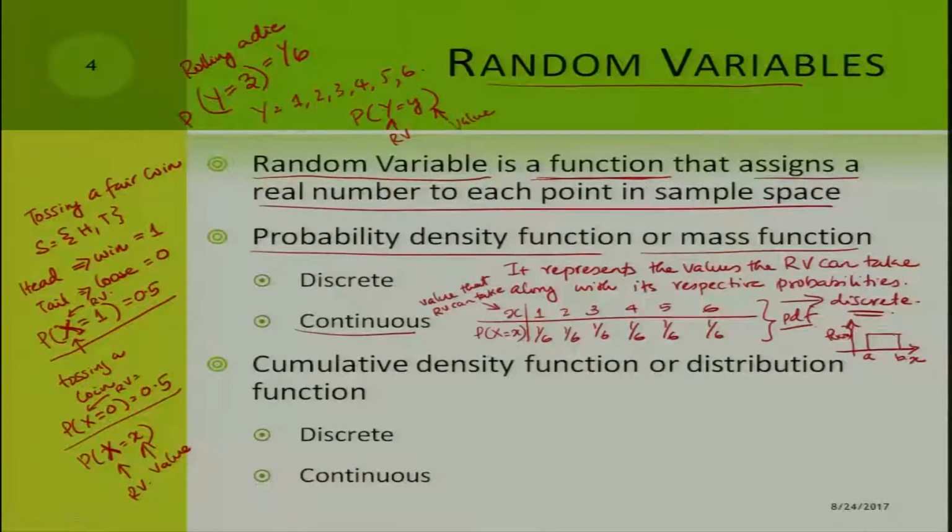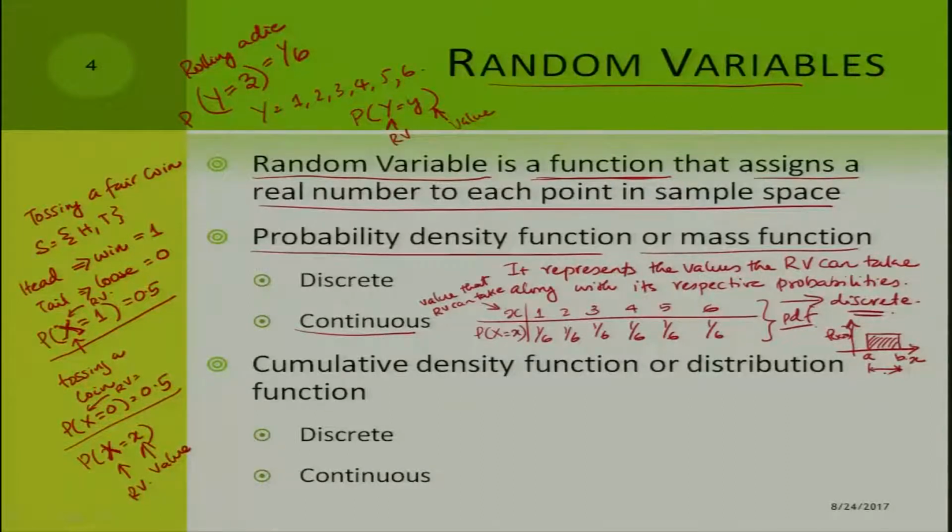This kind of system is called a uniform distribution, where the random variable could take any value in between with equal probability. So in this case the random variable is continuously distributed between a and b. Any value between a and b it can take.